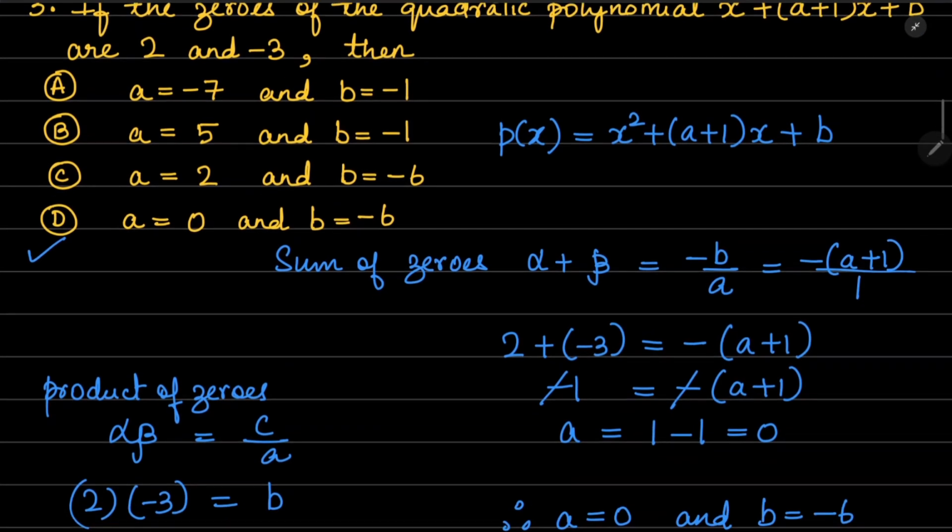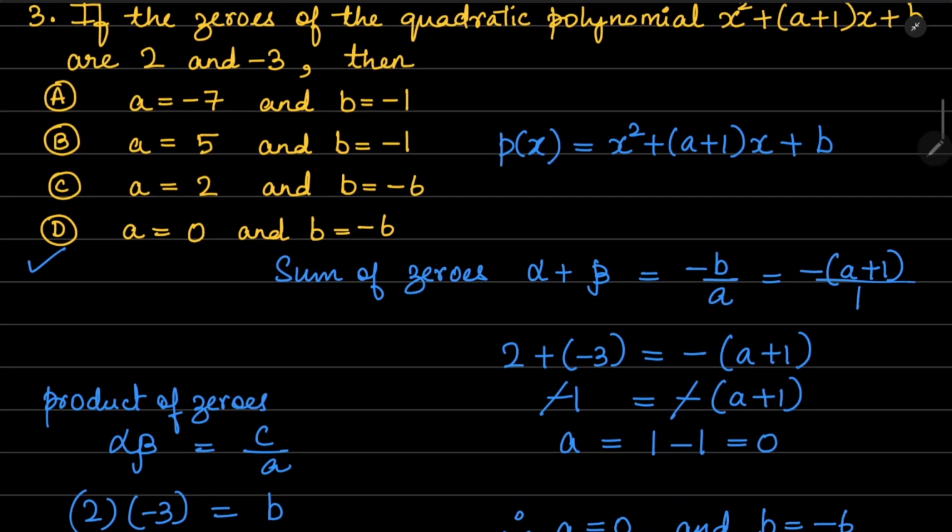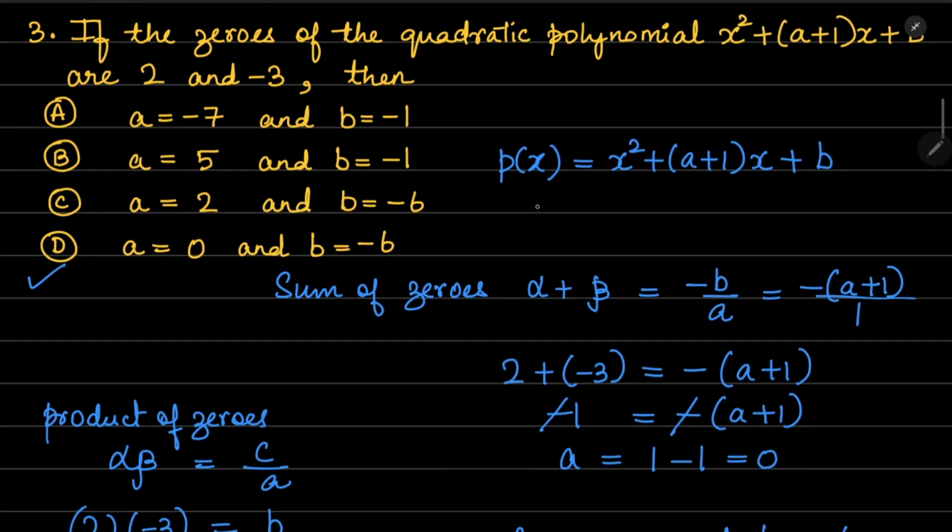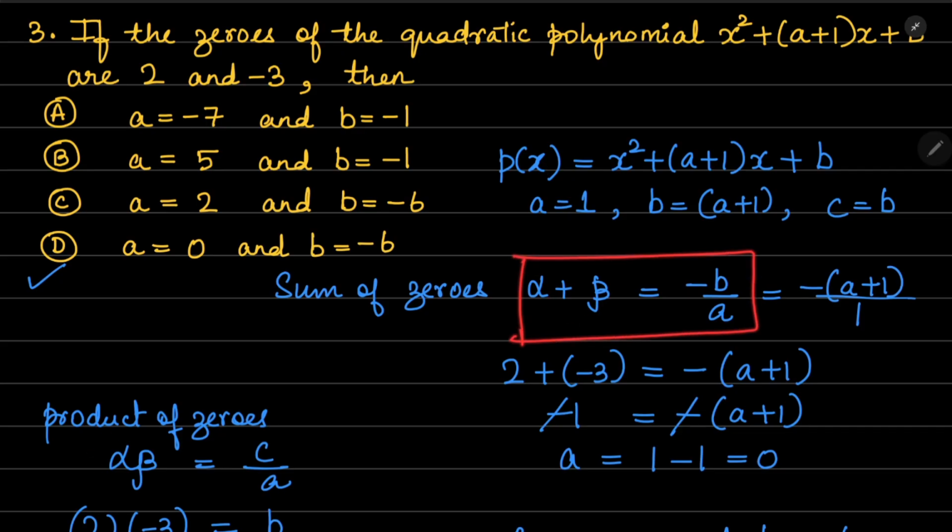Okay, very easy. All you have to remember is whenever you are given p of x, first thing is you can pick up the coefficients also. That is, a is 1 here, b is nothing but a plus 1, and your c is nothing but your b. And then use the formula. Sum of the zeros, alpha plus beta, is equal to minus b by a, and the product of the zeros, alpha beta, is equal to c by a.